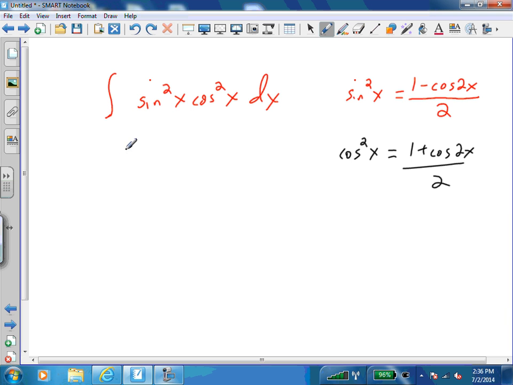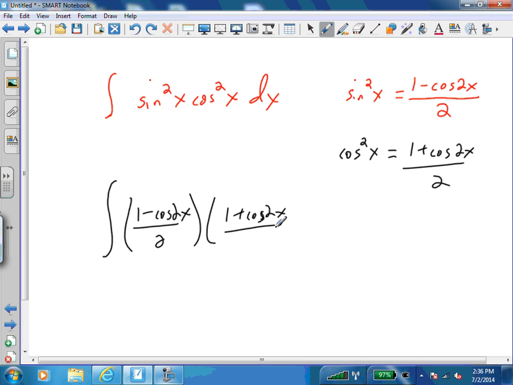So if we replace sine squared and cosine squared with this, what do we get on bottom? 4. So basically we could pull a 1/4 out.